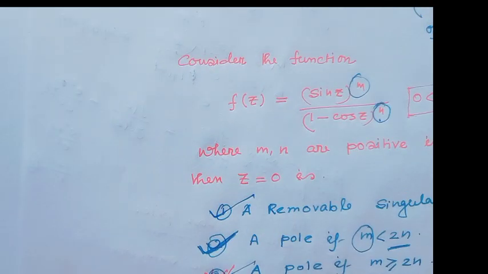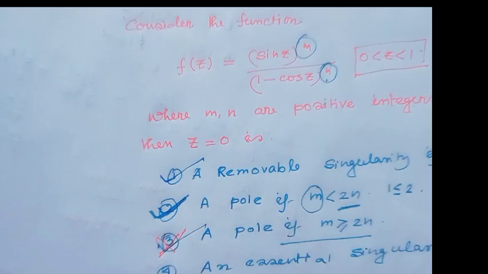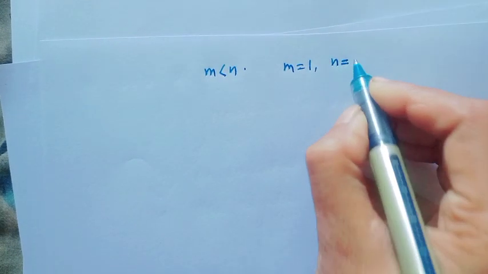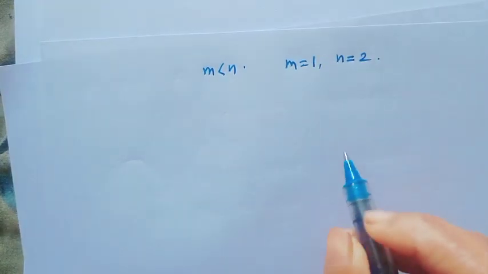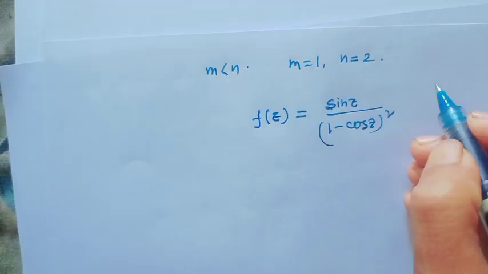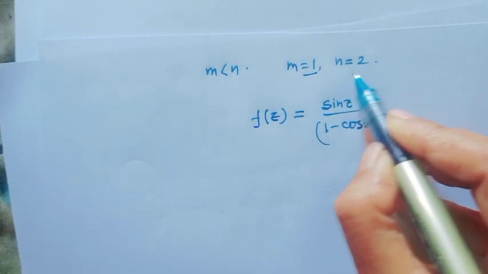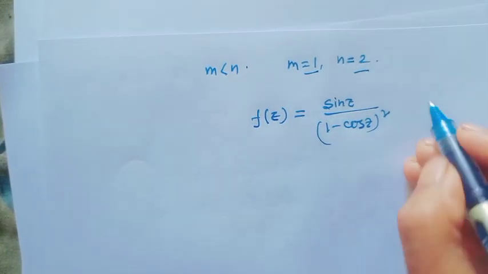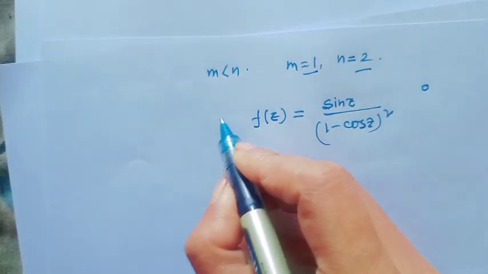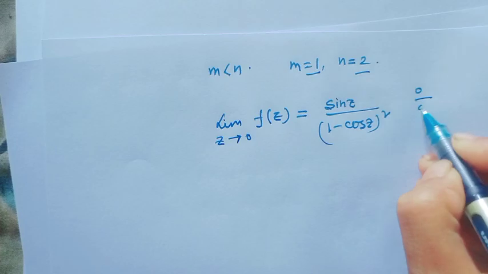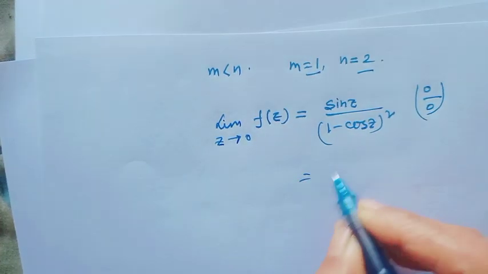Next, I will see when m less than n. For this, consider m equal to 1, n equal to 2. Here also, since m less than n, the singularity is, when m equal to 1 and n equal to 2, then this value would be sin z over (1 minus cos z) whole square. This is also limit z tends to 0. This value is 0 by 0 form. Apply L'Hospital rule.